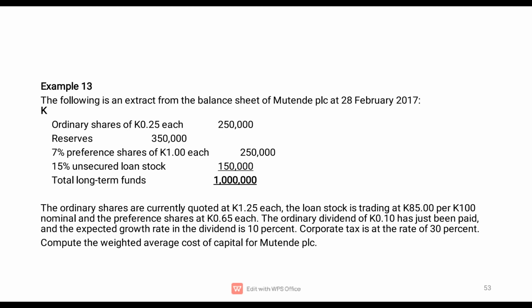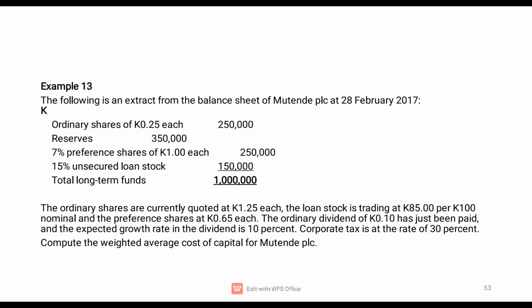The preference shares are at 65 ngwe each, and the ordinary dividend of 10 ngwe, which is 0.10 kwacha, has just been paid.